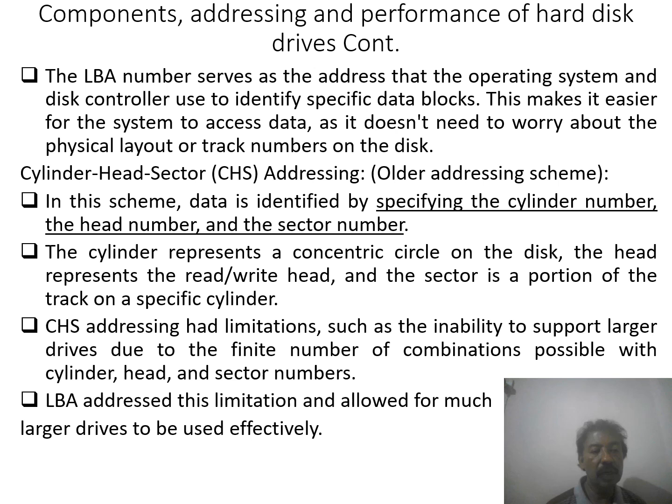The LBA number serves as the address that the operating system and the disk controller use to identify specific data blocks. This makes it easier for the system to access data.